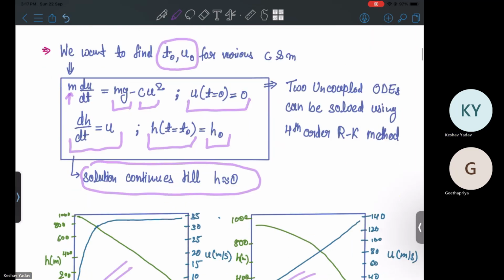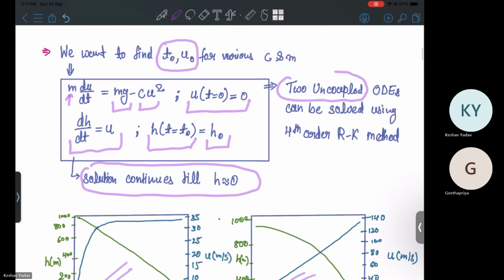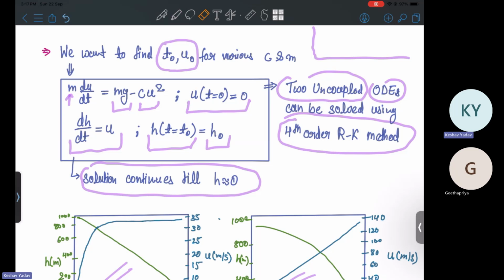These two are uncoupled ordinary differential equations, which is nothing but an initial value problem that can be solved using the fourth order Runge-Kutta method, like we have solved in week 7, I think. In week 7, we discussed this kind of problem, the predator and prey type of problem, where population and resources depend on each other. Population increases, then decreases, then again increases.